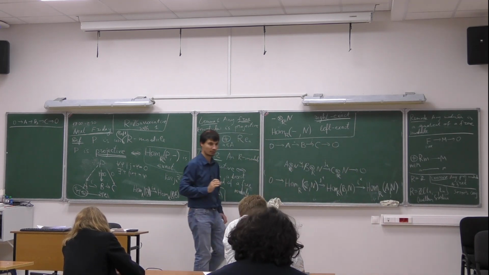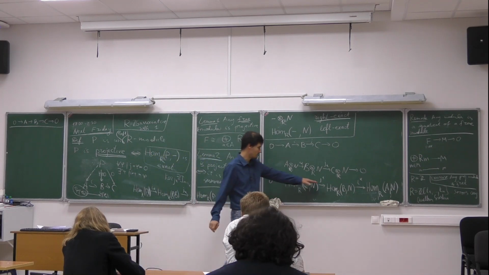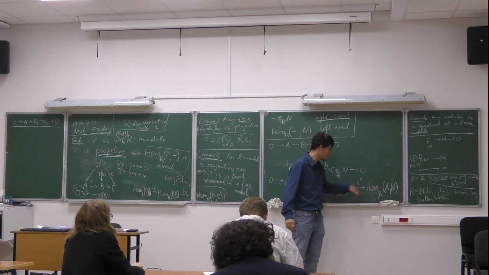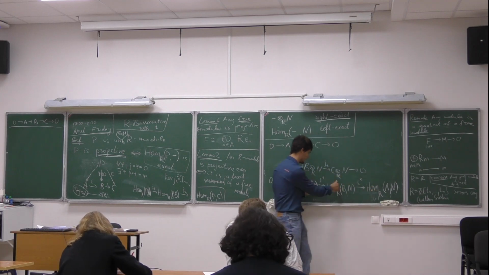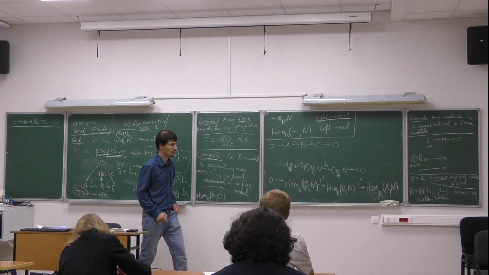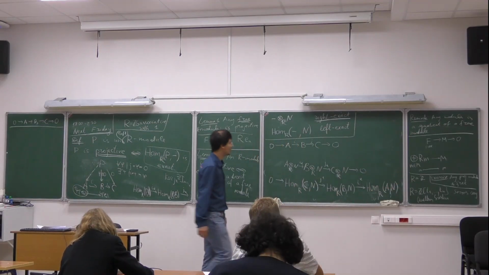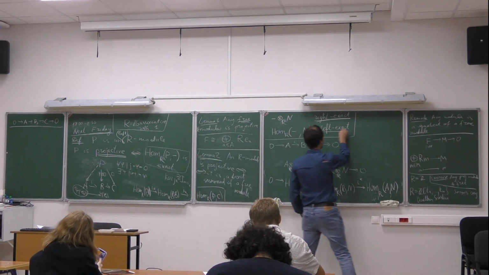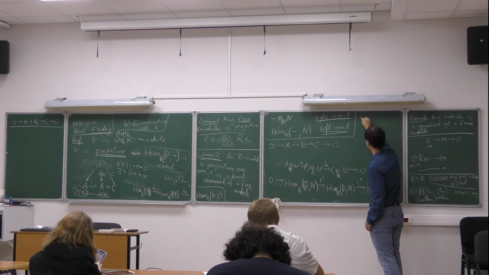This sequence will be exact. So we always know that G star is injective, the kernel of I star coincides with the image of G star, but we cannot guarantee that this I star is surjective. Well, this is all. This is always true, and this is a good exercise.